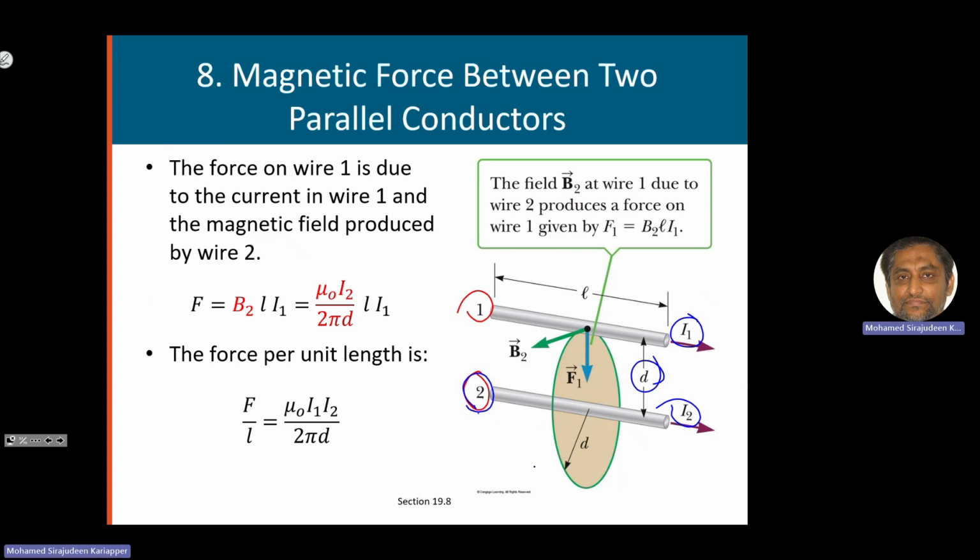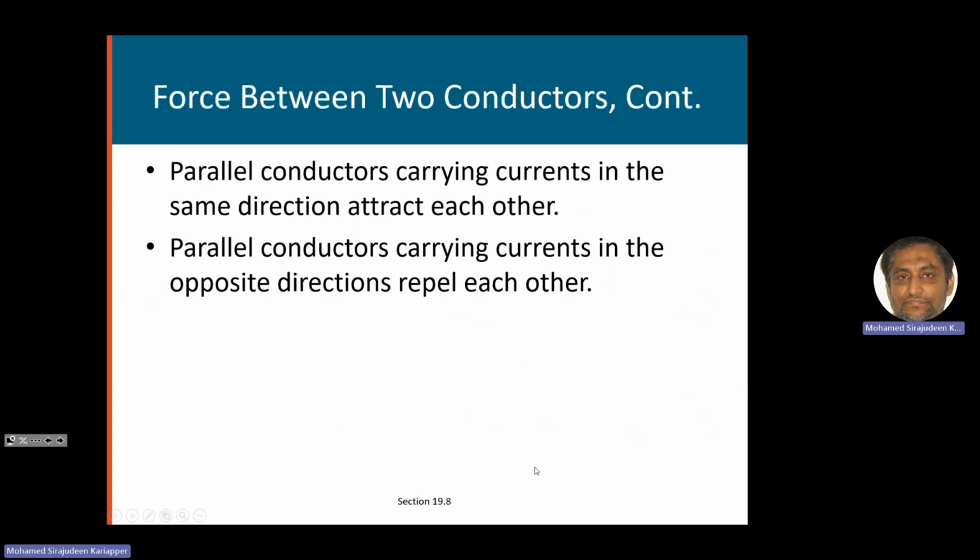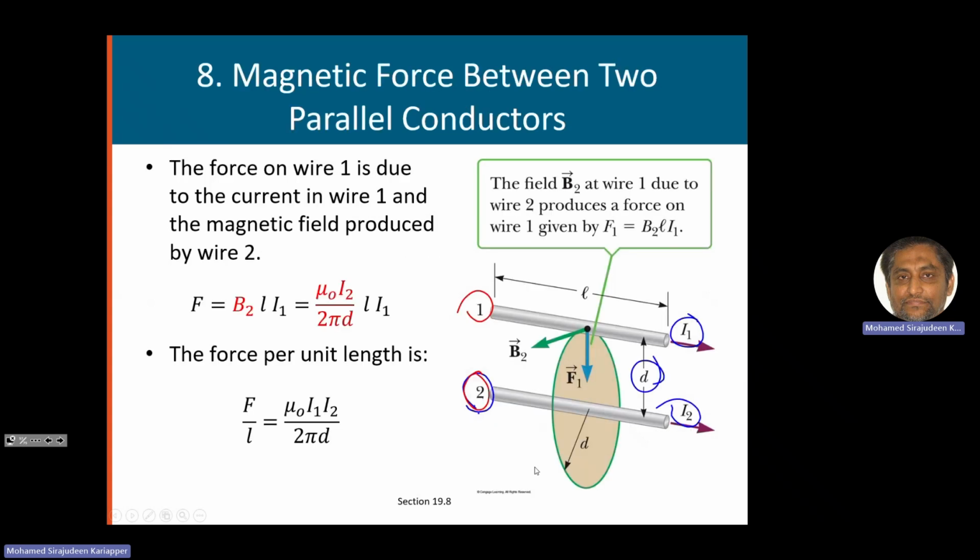Around wire number 2 there will be a magnetic field, and at the point where wire number 1 is, let's say it will have a magnetic field B2. You know how to get the direction. Put your thumb in the direction of the current, and at this point there will be a magnetic field B2 acting on wire number 1.